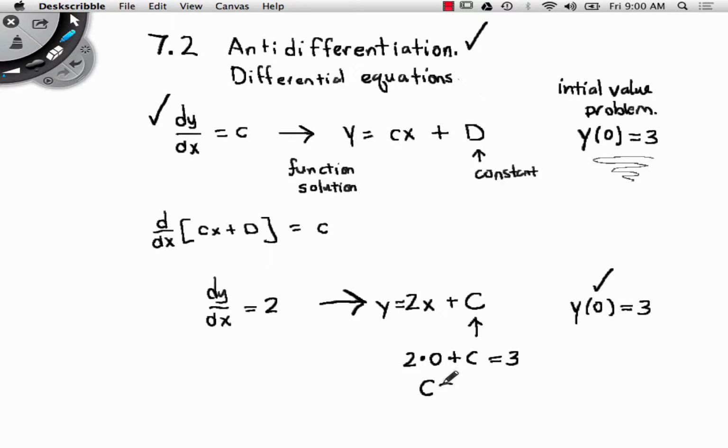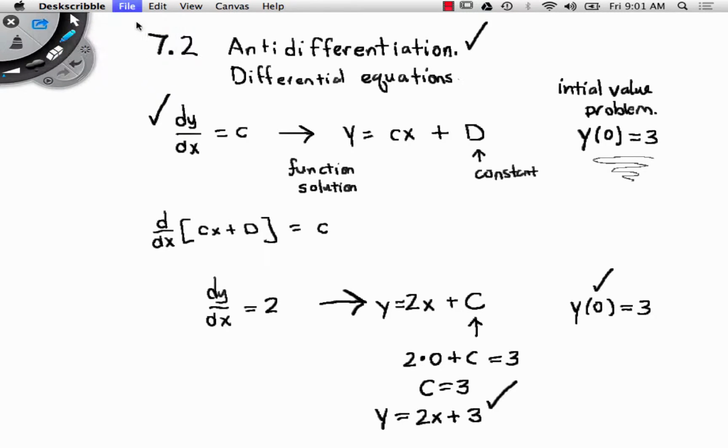So that means that C itself has to be 3, and I now have a very specific answer to my problem. It's no longer ambiguous. So initial value problems help clear up the ambiguity when we anti-differentiate. Okay? Cool. All right.